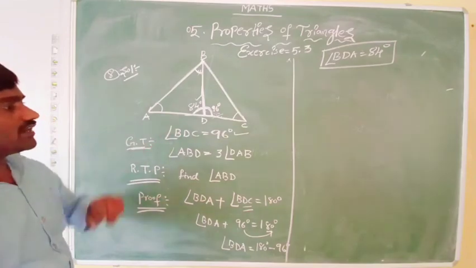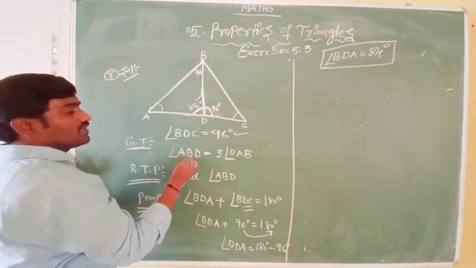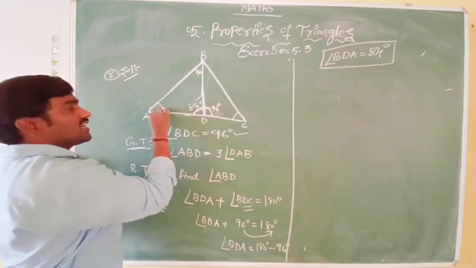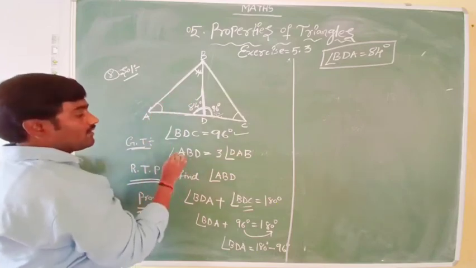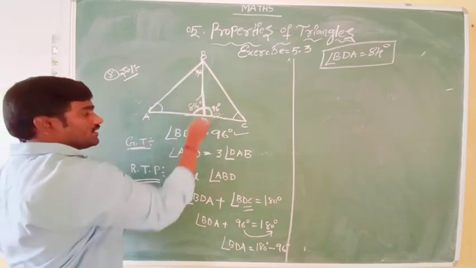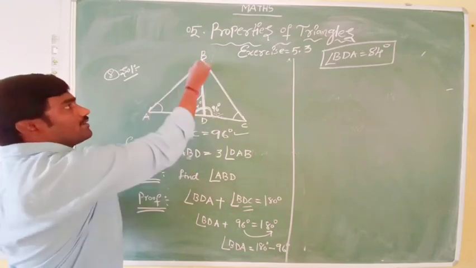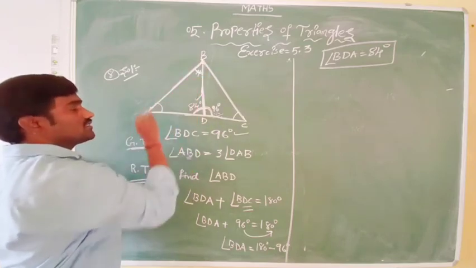Now that it is 84 degrees, see that angle ABD is 3 times this angle. ABD equals 3 times DAB. This is 3 times this.